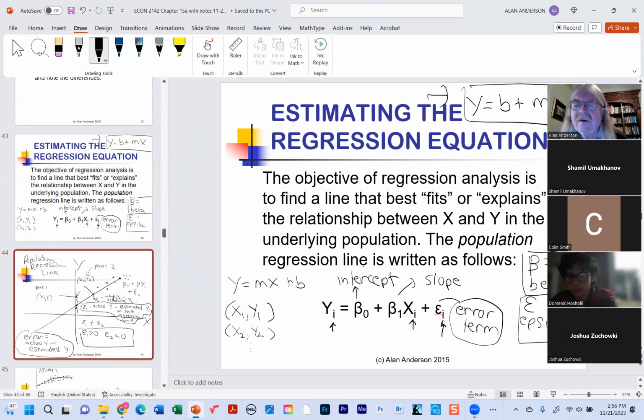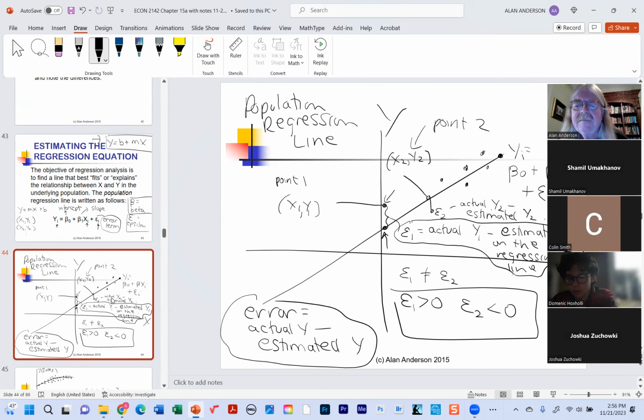Here's a nice little graph for us. It's a little crowded, but you can see what's going on. Here's point 1 over here. That point refers to what we're going to call X1, Y1, the first observation in our population.